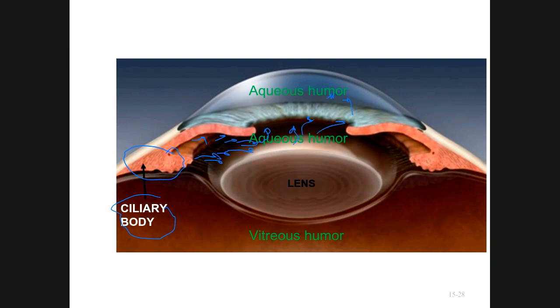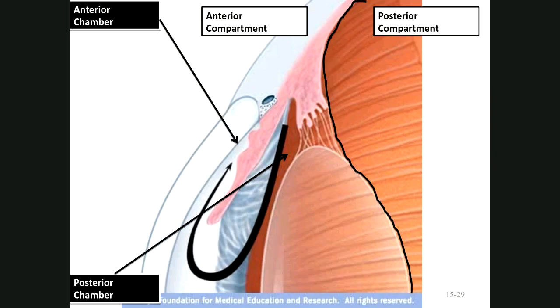And then it nourishes the back of the clear part of the front of the eye. And then eventually it's drained off in these little holes, which drain into the veins. So again, it's a one-way circulation. Any questions?